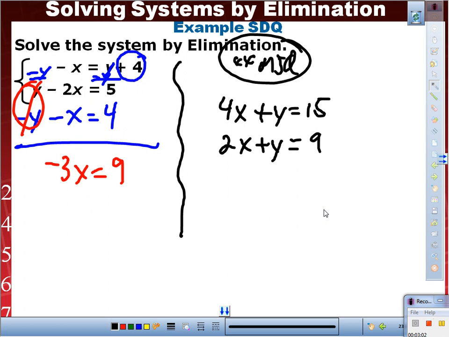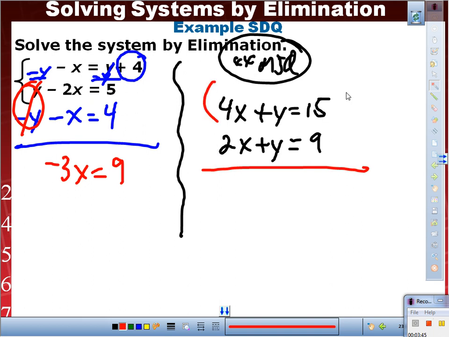Are the constants isolated? Yes. Is everything aligned? Yes. However, do we have opposite coefficients on the variables? No. Which one is close, though? The y. One of them has to be negative. Is that correct? Okay. So check this out. If I wanted to eliminate the y, I need to multiply either equation by negative 1.